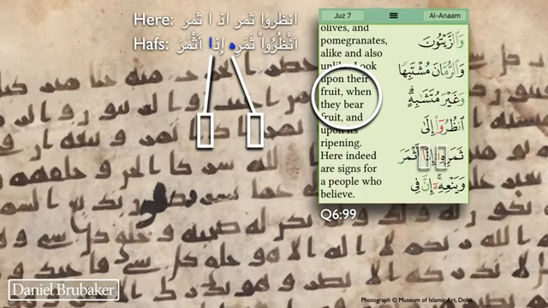Okay, here's the next one, and I've added some color here so you could see a little bit of what's going on. It's also from verse 6:99, and the text today reads, "anzuru thamarihi idha athmara." And there are two things missing in the manuscript that are present in the Hafs text, and that is the third person singular pronoun of the possessive of thamara, which is fruit.